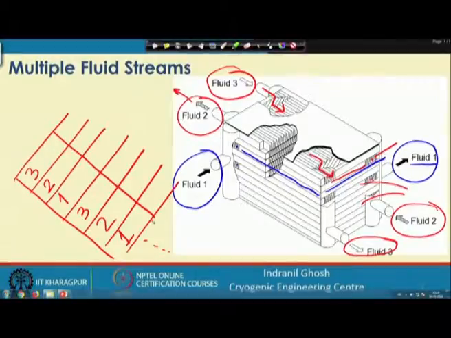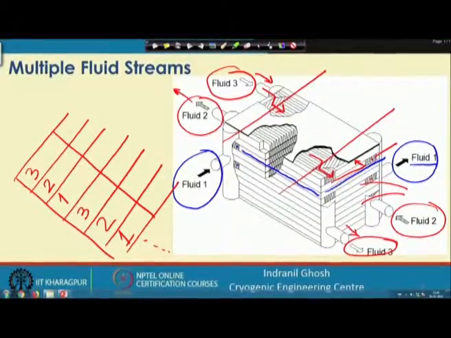If we look at the particular geometry of this heat exchanger, and if we restrict ourselves from this length to this length, we find that fluid stream 3 is entering from this side and moving out from this side, whereas the very next fluid 2 is entering from this side and moving out from this side.